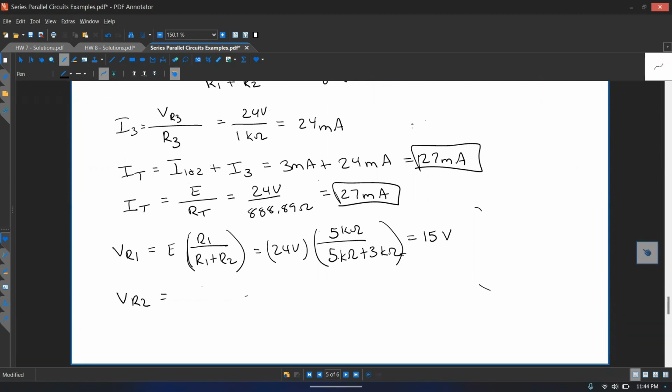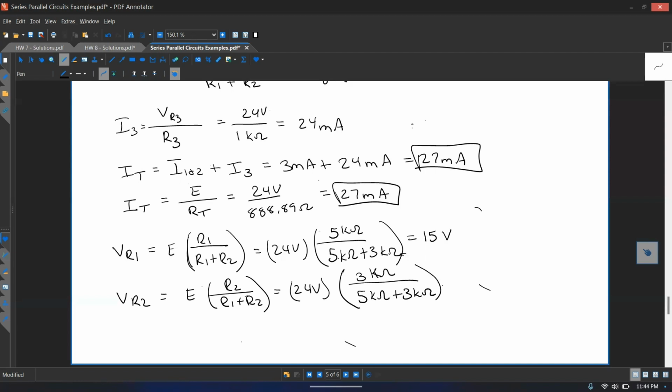And VR2 will equal E times R2 divided by R1 plus R2. It's 24 volts times here 3 kilo ohms over 5 kilo ohms plus 3 kilo ohms. I'll plug that into the calculator.